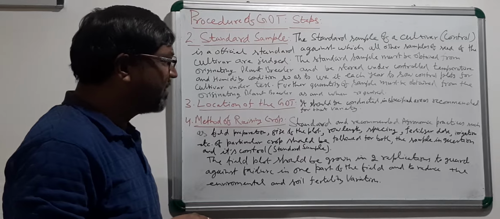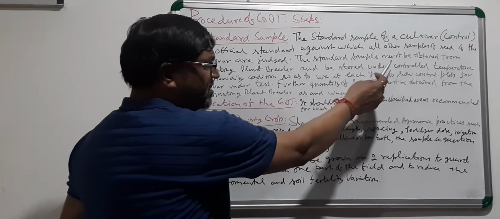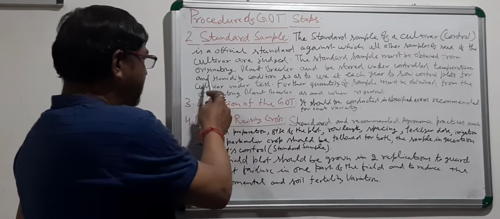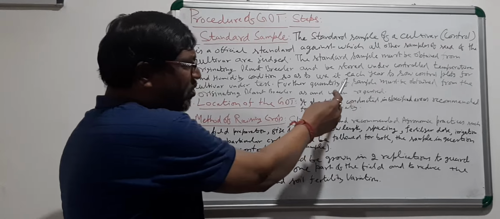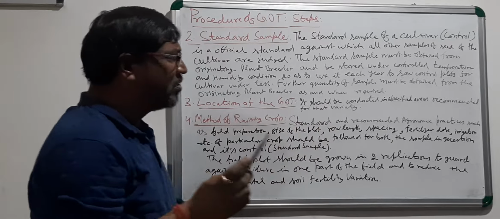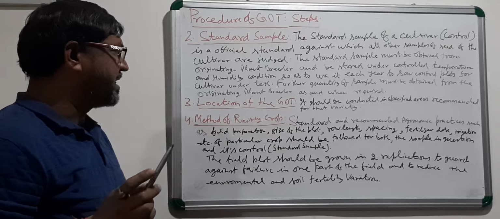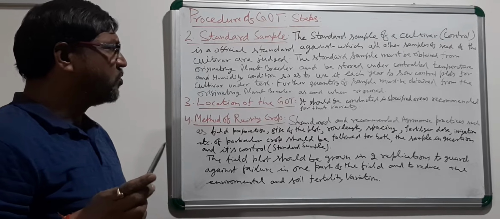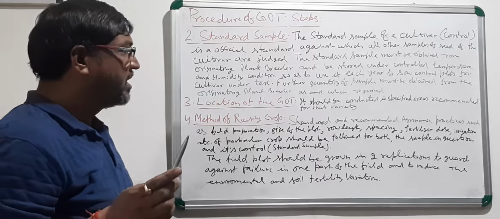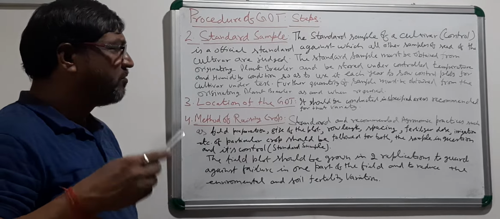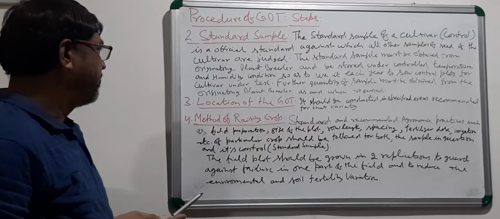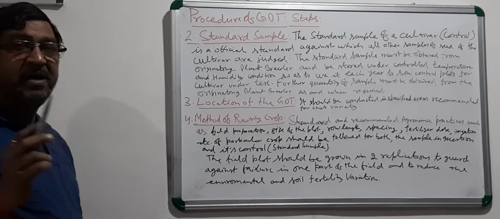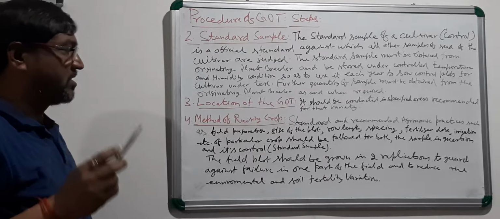The standard sample must be obtained from the originating plant breeder and be stored under controlled temperature and humidity conditions so as to use it each year for sowing the control plot for the cultivar under test.